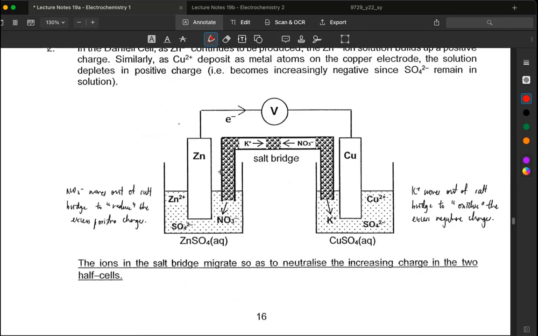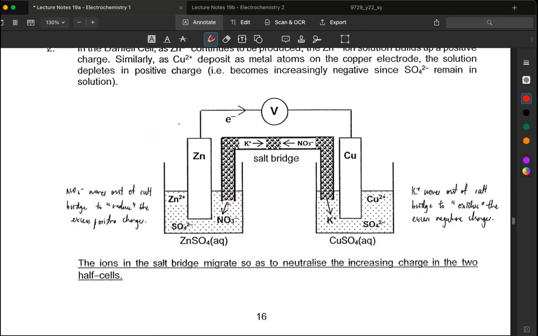So the ions in the salt bridge will migrate. The ions in the salt bridge will come out to neutralize the charges. That's to prevent accumulation of the charges. You get what I mean here? So the NO3- for example, because there is accumulation of positive charge of Zn2+, so the Zn2+ is too much already, right?